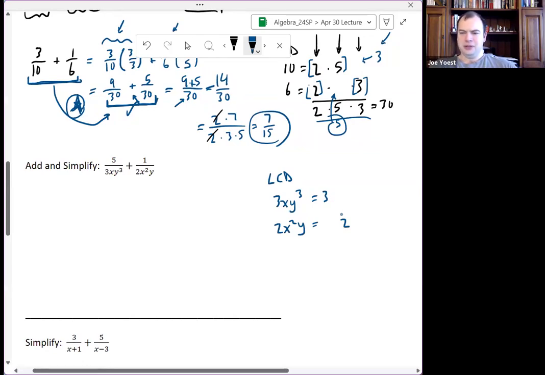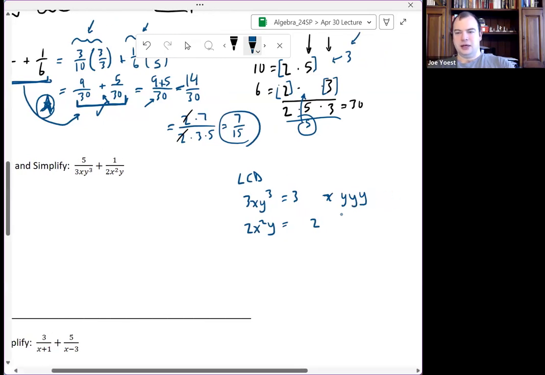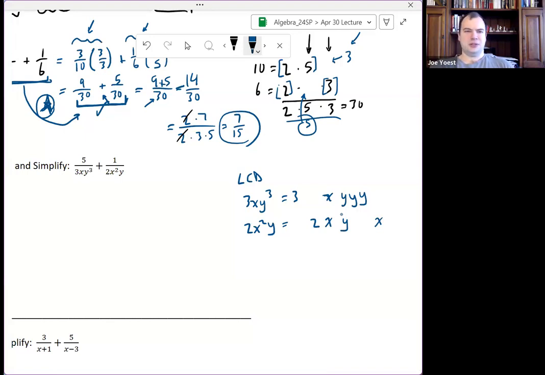And then I suppose that if I really wanted to, I could write out x times y times y times y. And then here I would need two x columns, so I'd have an x here and an x here times y. I could do this, but this starts to look pretty messy.